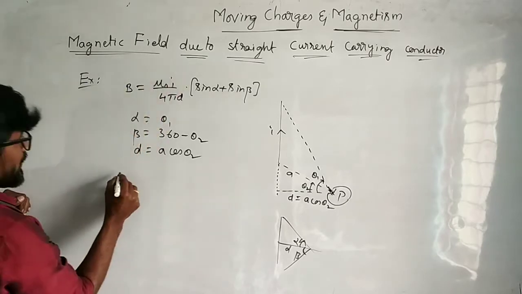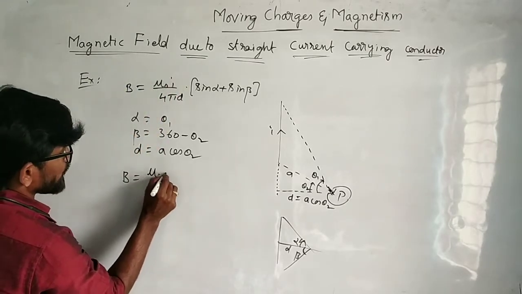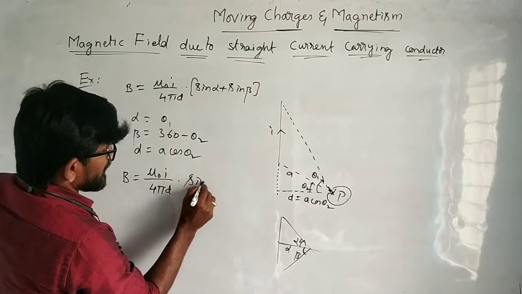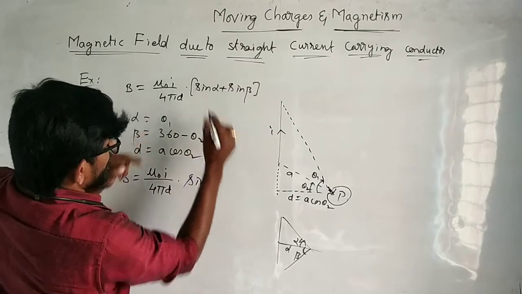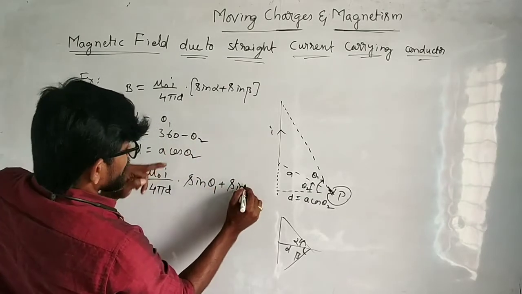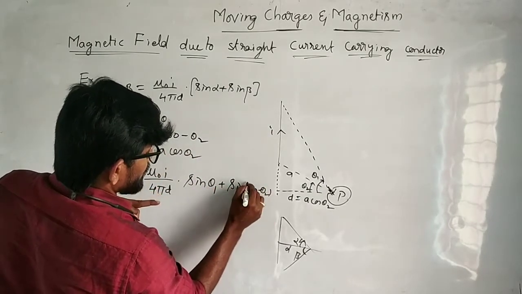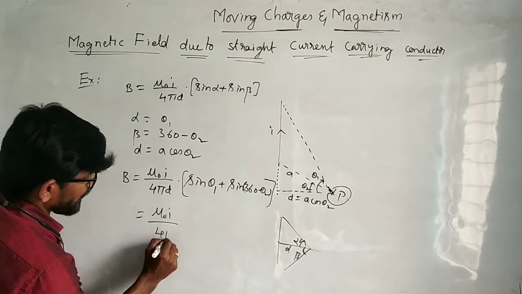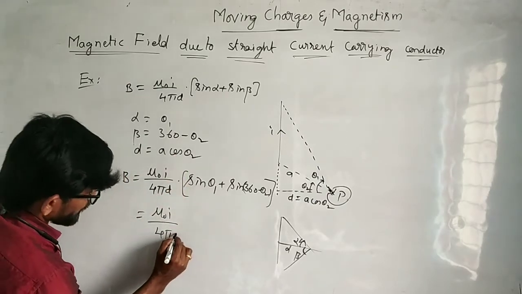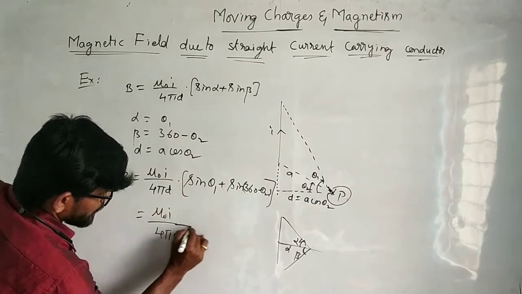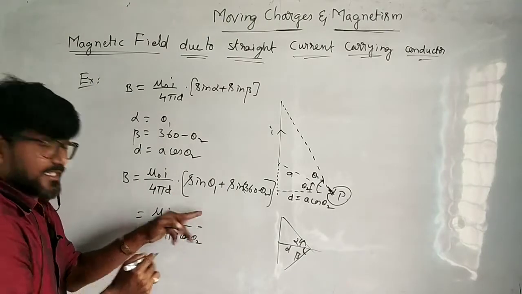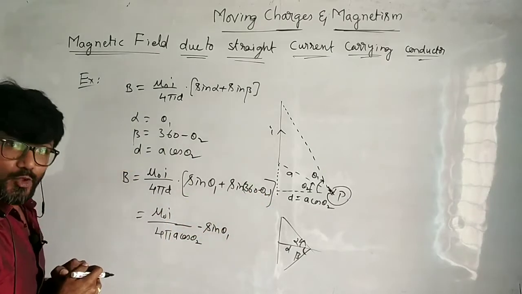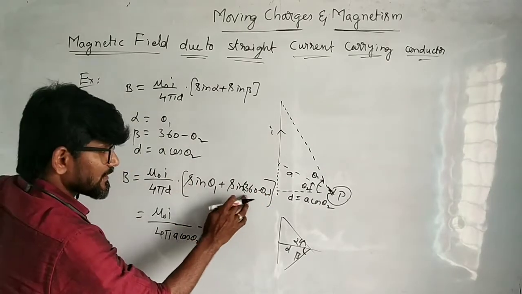Now if you substitute over here, you will get B is equal to mu naught I by 4 pi d into sin theta 1, alpha being theta 1, plus sin 360 minus theta 2. If you simplify further, you get mu naught I by 4 pi, with d as a cos theta 2, into sin theta 1 plus, here, sin 360 minus theta 2 becomes minus sin theta 2.